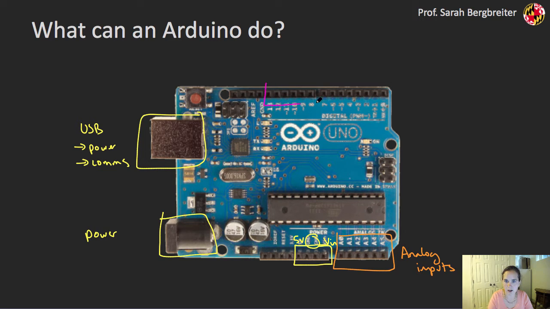Up here, I have a whole bunch of digital I/O. So those are digital inputs, outputs. Down here, these are only analog inputs. I don't have any analog outputs on the Uno, but these I can use either as digital inputs or outputs. And digital are ones and zeros, or in the case of the Arduino, 0 volts or 5 volts.